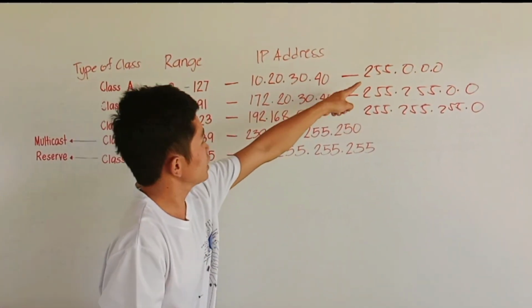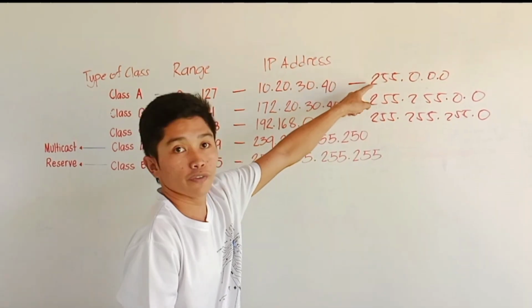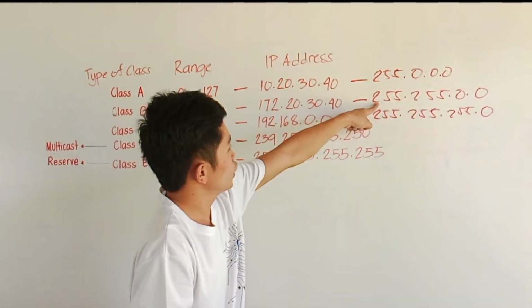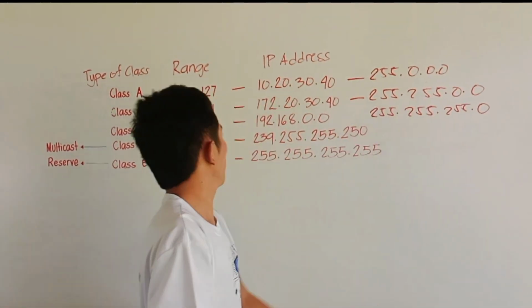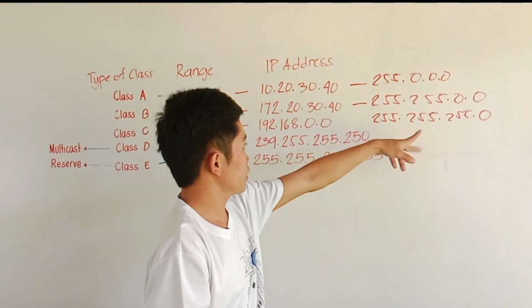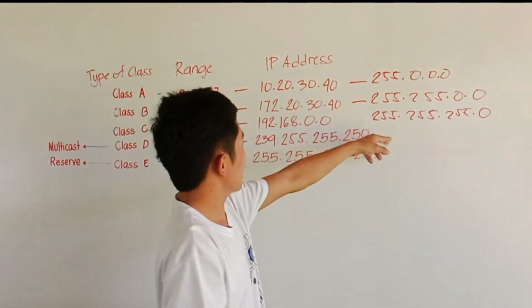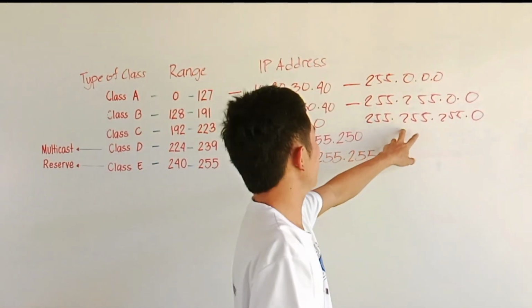For class A, we have only 255 in the first octet. Then 255 in class B is in the second octet. Then for class C, we have three octets of 255.